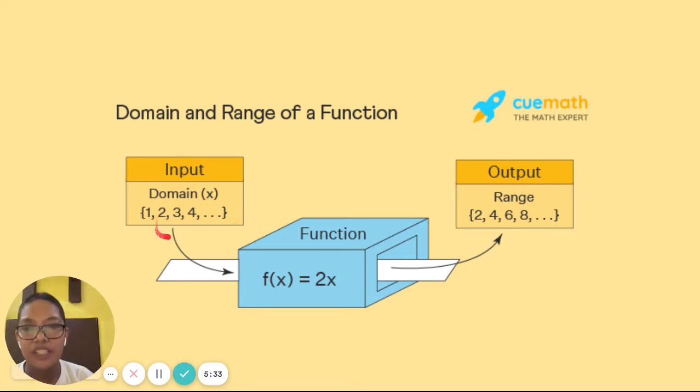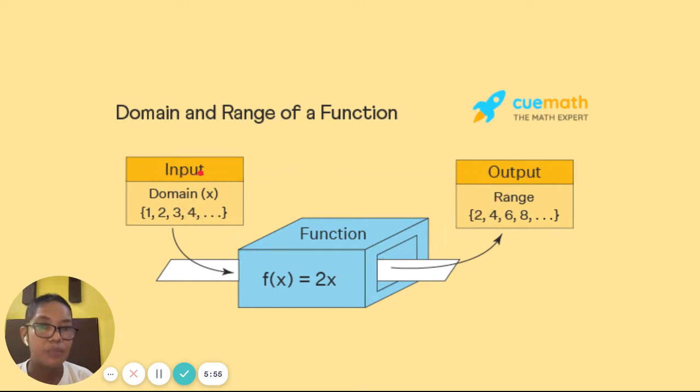Your inputs are your domain, or these are set of real numbers. Hindi lang siya palaging positive po, pwede siyang 0 and your negative numbers. So, negative 1 to 0. Okay, so your function, pag naglagay ka ng domain or ng x, may output po siya.